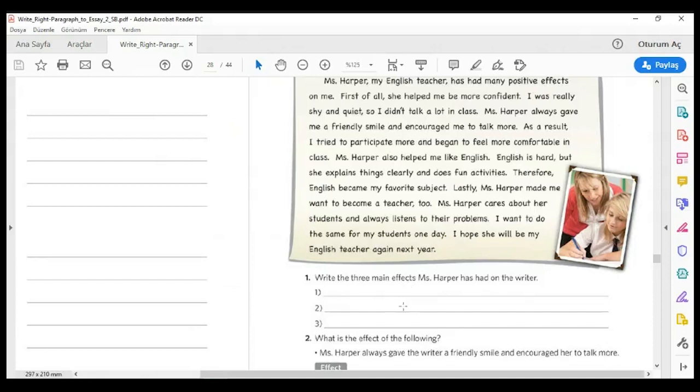I want you to write full sentences here. So remember, full sentences: it starts with a capital letter and ends with a full stop. Okay.